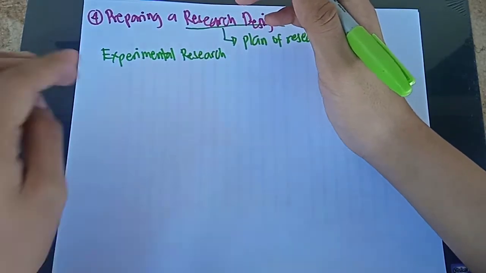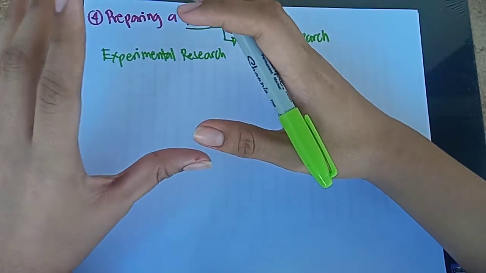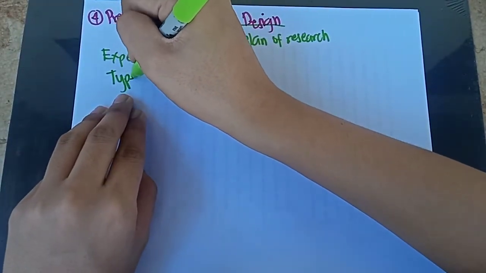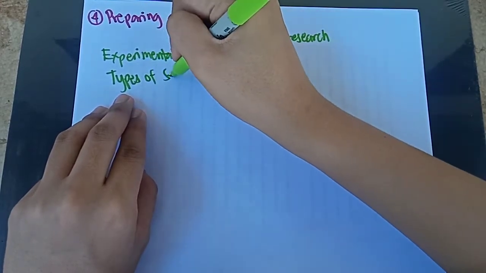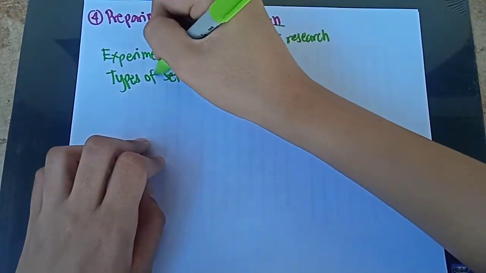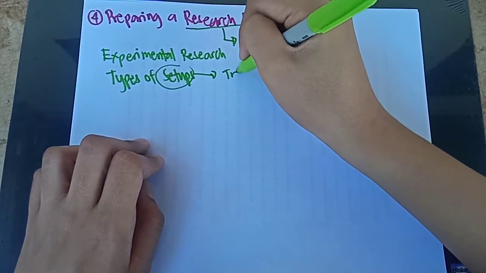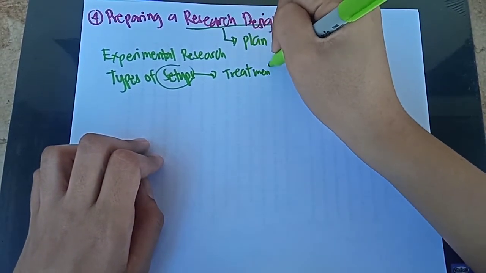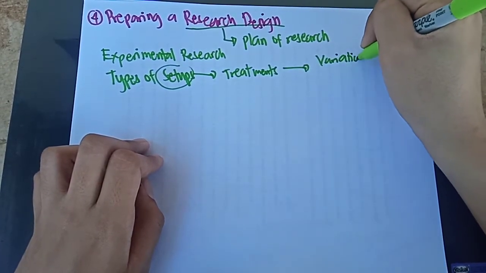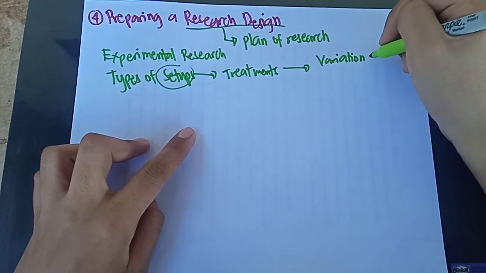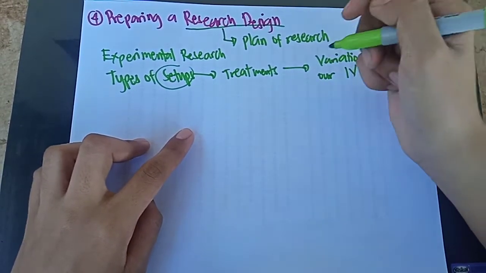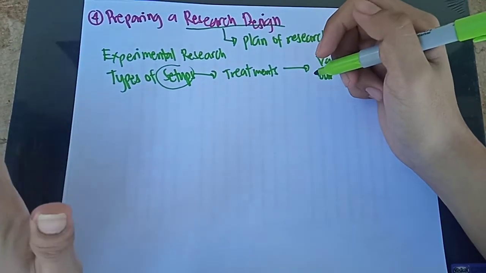So, in preparing a research design in our example study, we will have different types of setups, because setups pertain to the treatments. And these treatments will make variation to our independent variable.